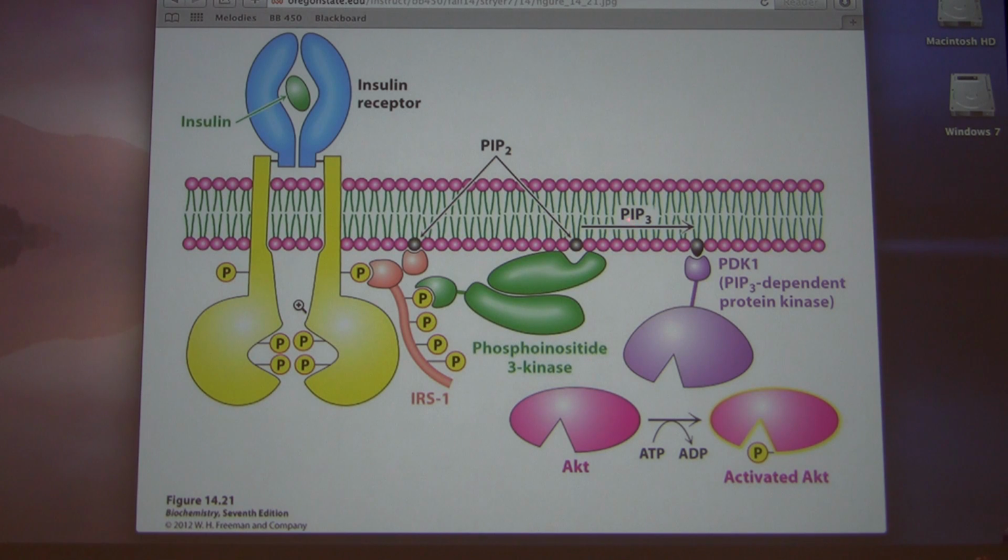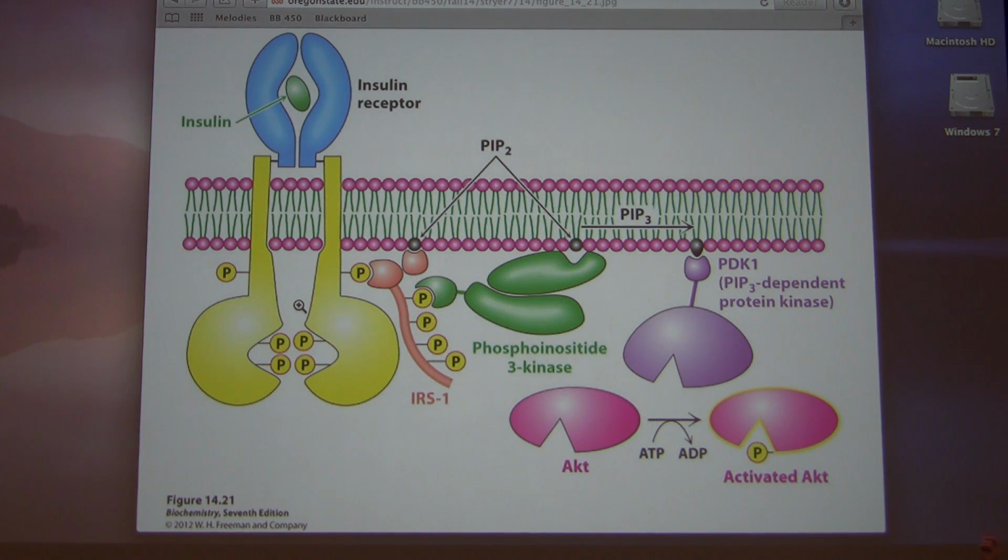Because that glucose transport protein is in the membrane, the cell takes up glucose. And if we do this on an organism-wide scale, then glucose levels will fall because the cells are taking up glucose. All right, everybody see the big picture? The rest of this is details.